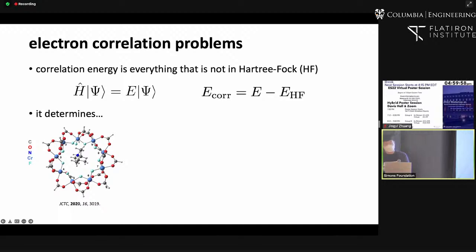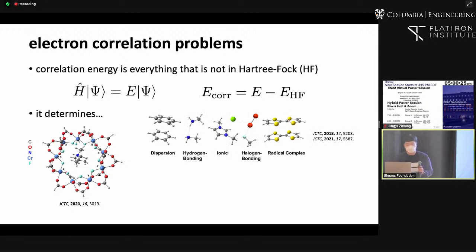It actually has 9 chromium atoms, and each chromium atom has 3 open shell electrons, and the ground state has been proposed experimentally to be a doublet. So all these 27 total open shell electrons are antiferromagnetically coupled down to the doublet ground state. And this is really the hallmark of electron correlation effects that are beyond Hartree-Fock theory.